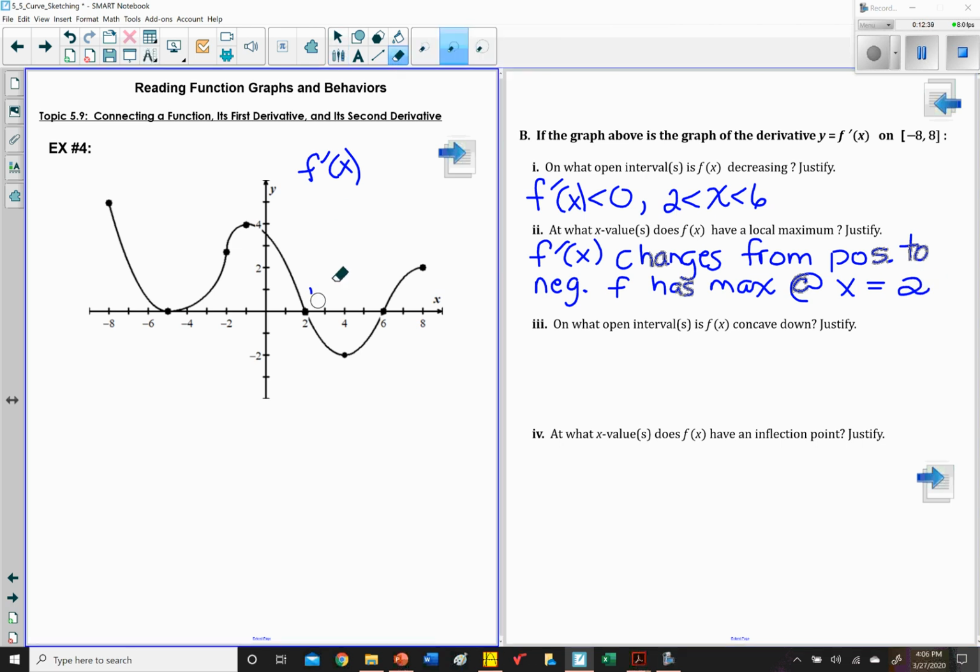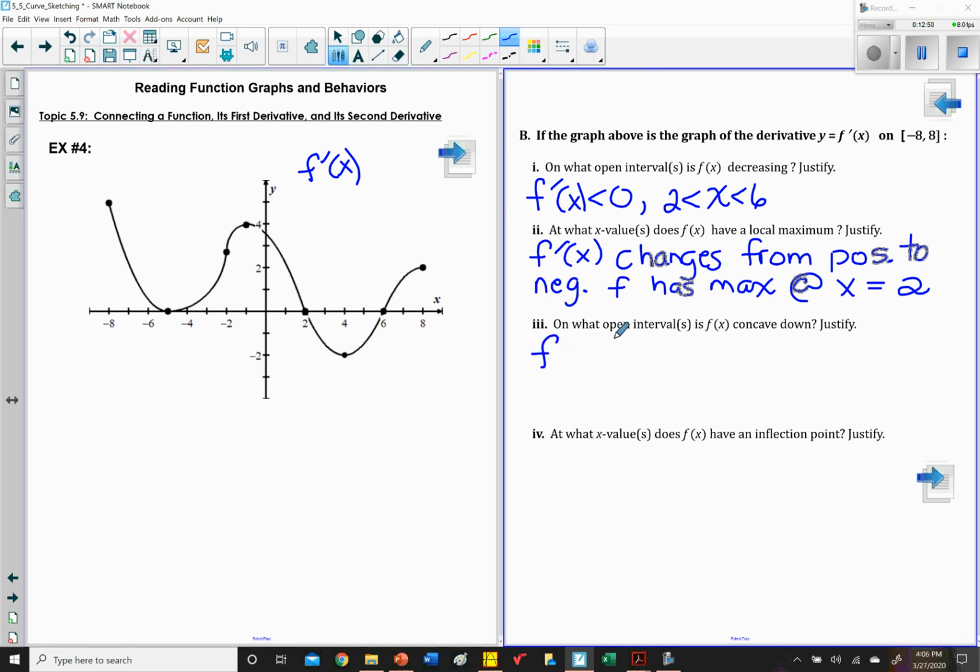On the next part, on what open interval is f concave down? How do you know? Well, f is concave down where f prime decreases.